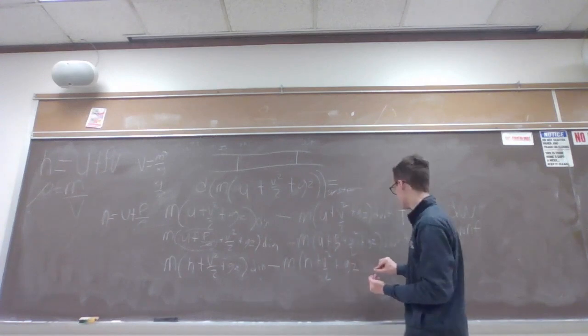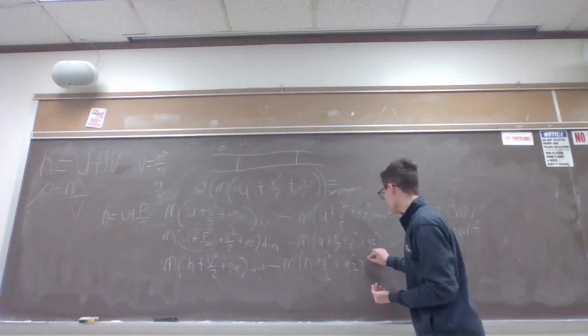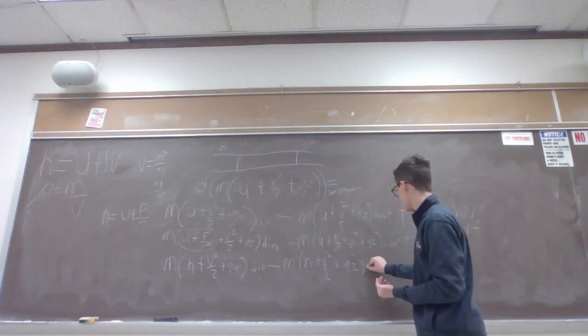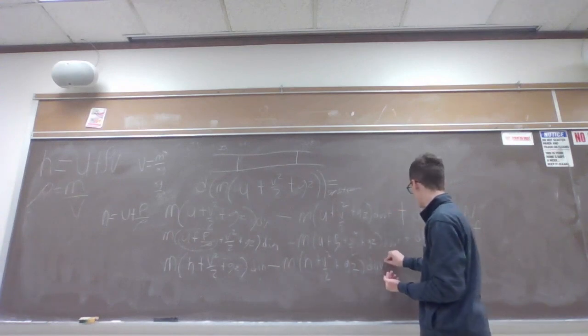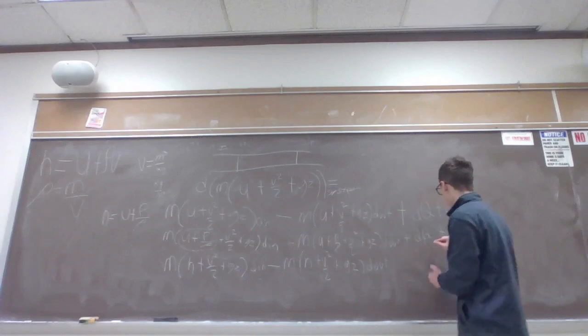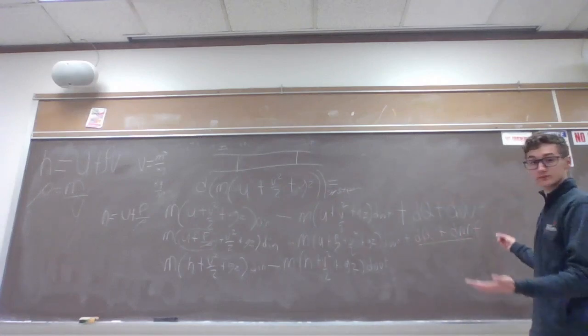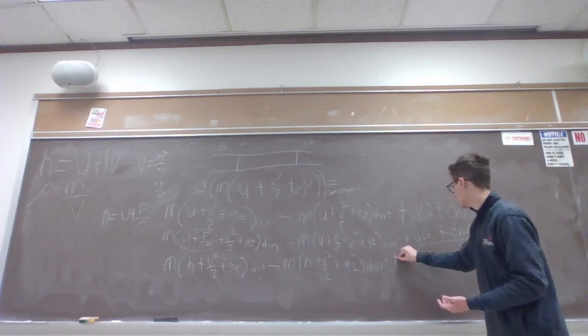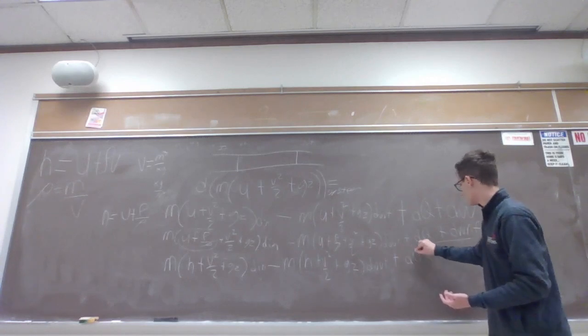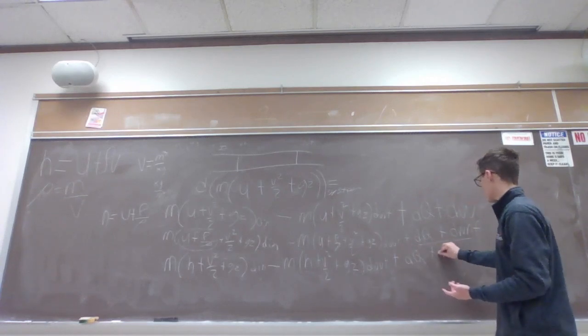Then again, multiplied by D out. And then what we're also going to add, as we've already spoken about this before, is dQ and our non-flow work.